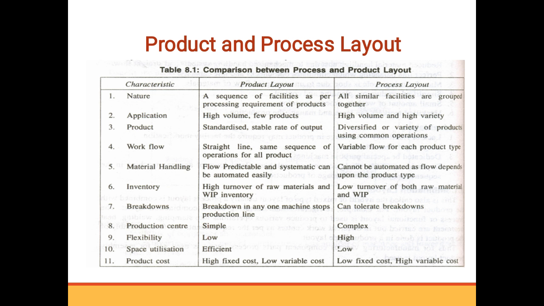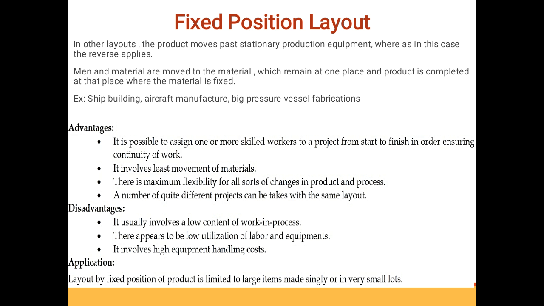Now let us move to the next type of layout, that is fixed position layout. This is different than the product layout or process layout, because in these layouts the product moves with respect to stationary production equipment, that is machines, whereas in fixed position layout, the men and machineries are to be moved towards the raw material.